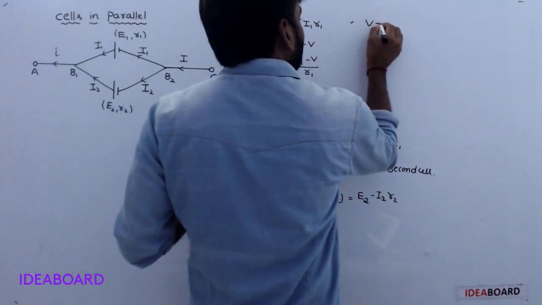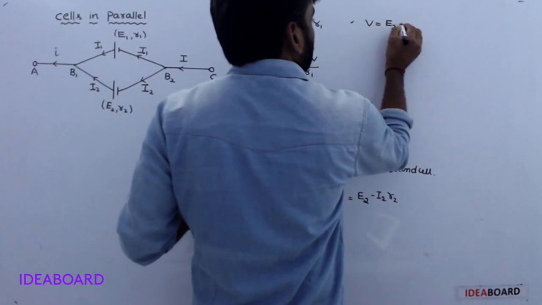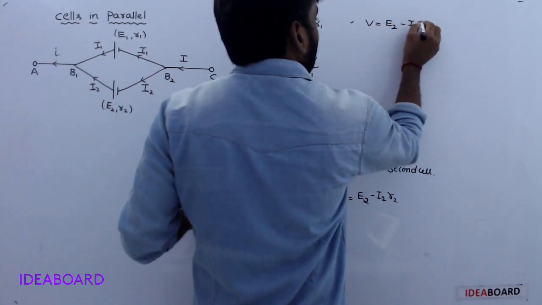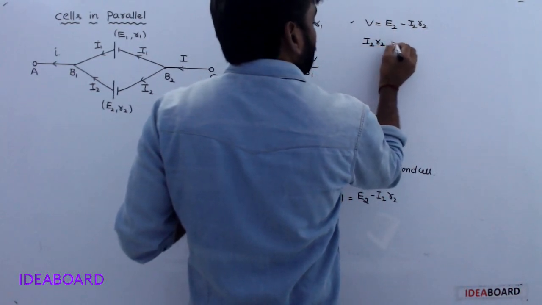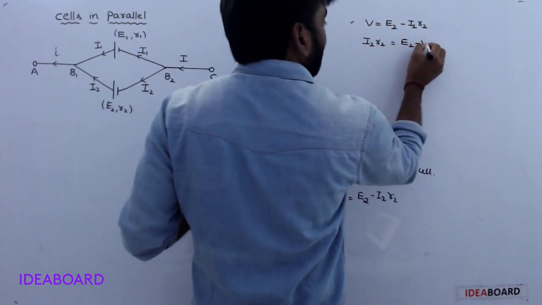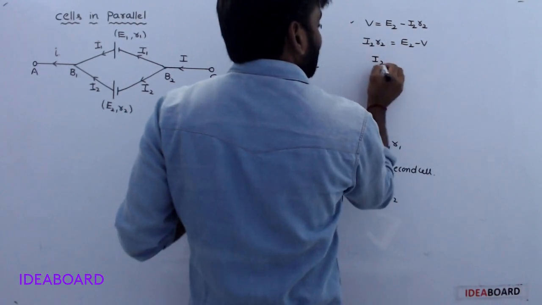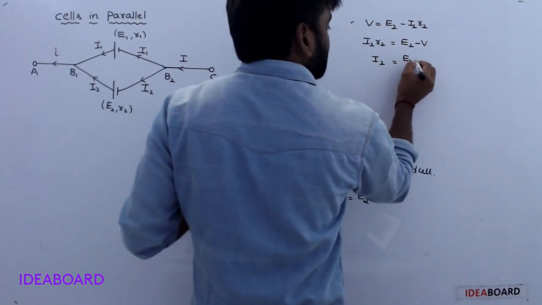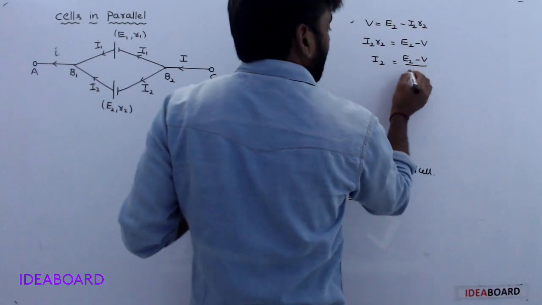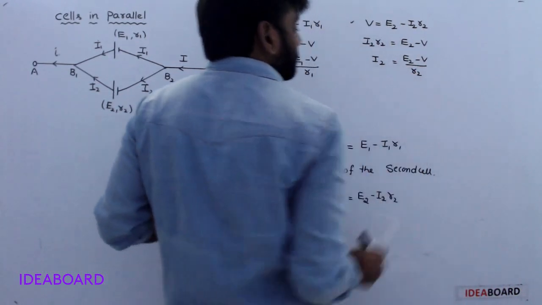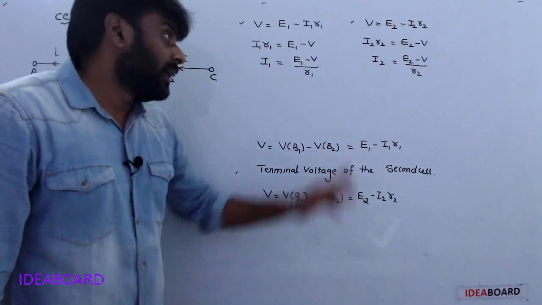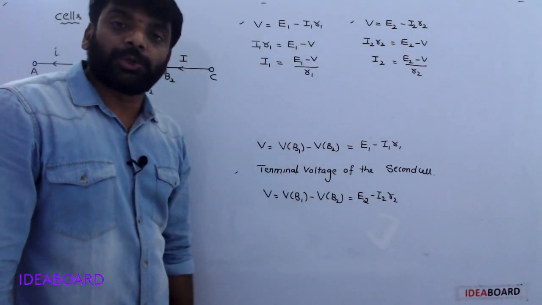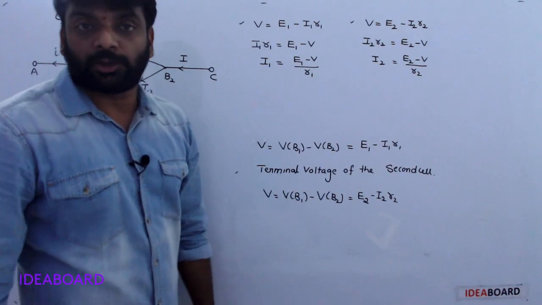Next, V is equal to E2 minus I2 R2, so I2 R2 is equal to E2 minus V, and I2 is equal to E2 minus V by R2. So I1 is equal to E1 minus V by R1, and I2 is equal to E2 minus V by R2.